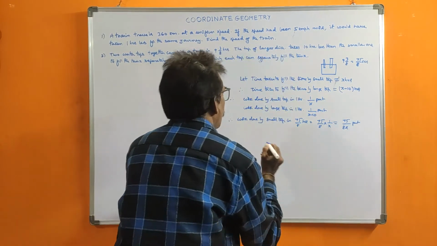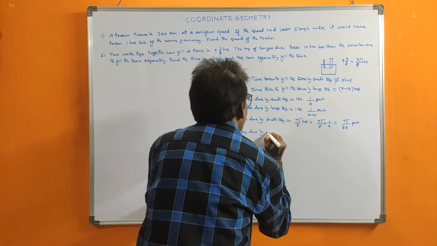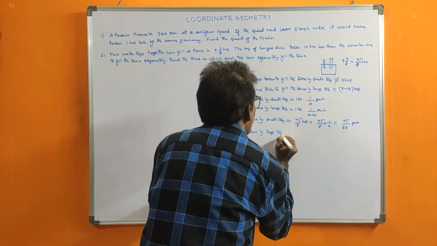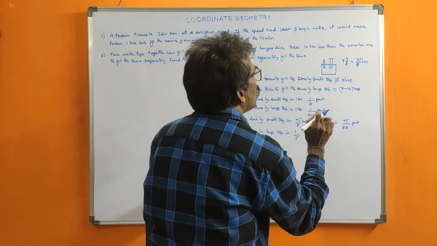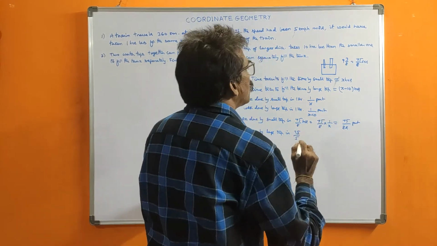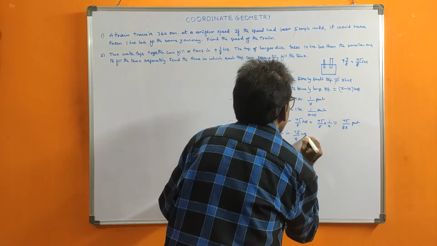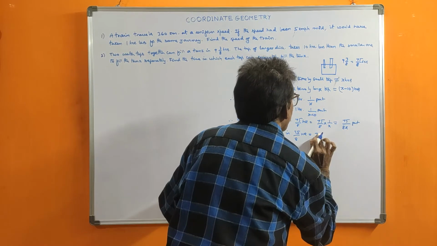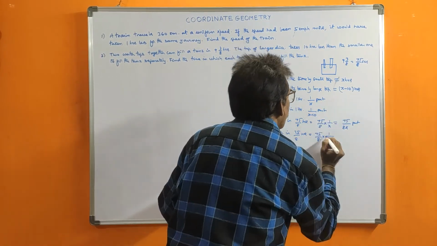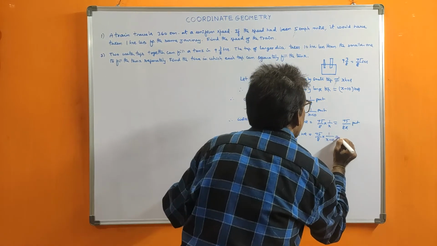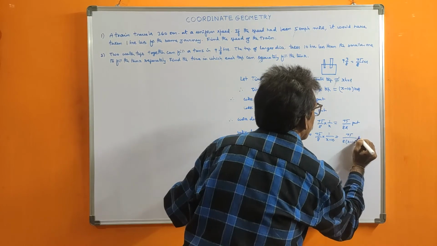Work done by the large tap in 75 by 8 hours is 75 by 8 into 1 by x minus 10, that is 75 by 8 into x minus 10 part.